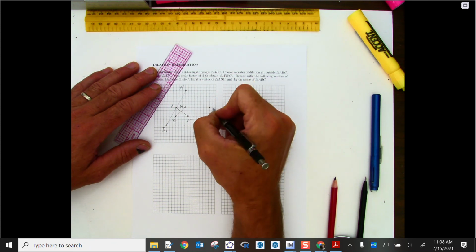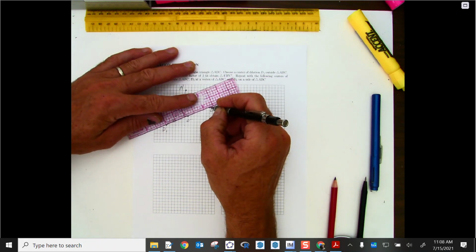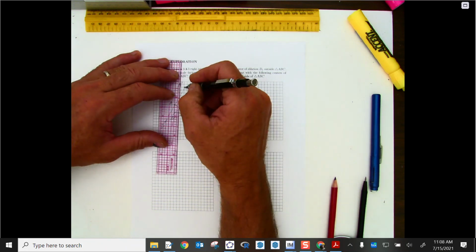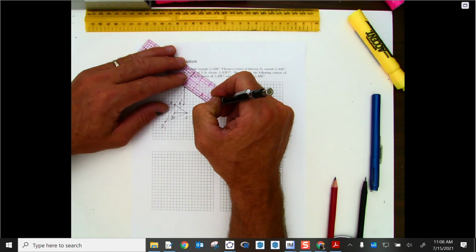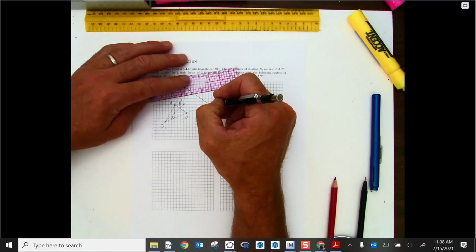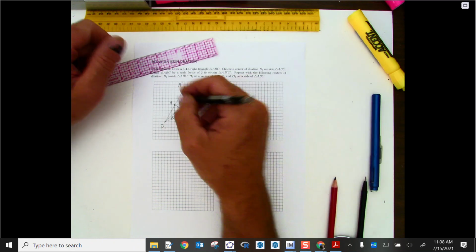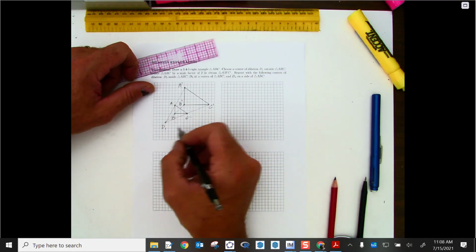That should be my C prime. And again, these guys seem to be collinear. That makes good sense. So my new dilated triangle is right here: A prime, B prime, C prime, dilated triangle ABC by a factor of 2 with center D1.